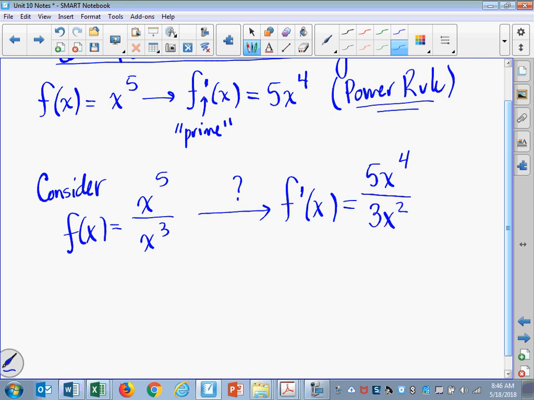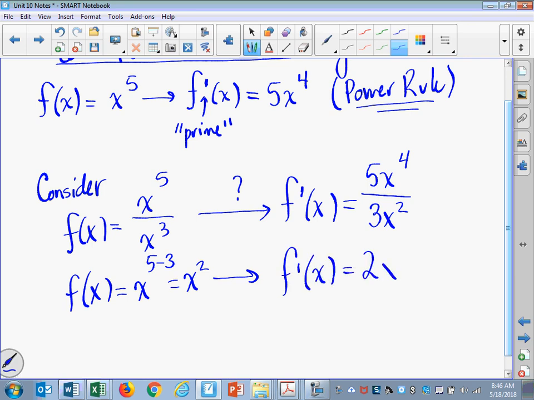But first, let's simplify this function. If you subtract the powers, this is x to the 5 minus 3, so this is x squared. But we know that the derivative of x squared is really just 2x. So this simplifies to 5/3 x squared. So one of these has to be the right derivative. Which one is it?